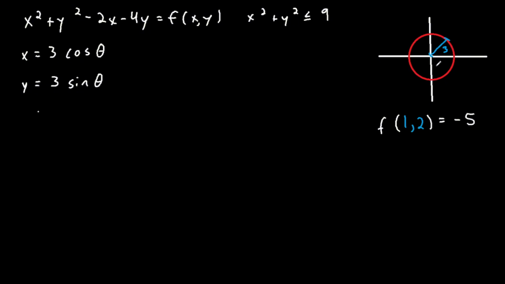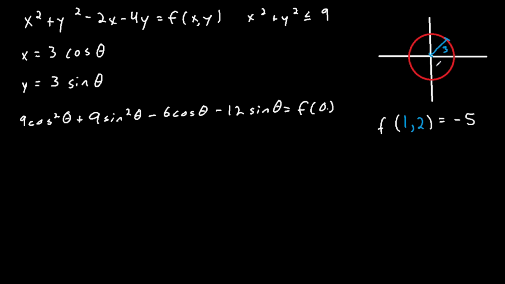Once you do that, you can plug in our values of x and y. So we substitute it into our function. And then we get something that looks like this. I think it's 6 cosine theta minus 12 sine theta is equal to our function of theta now.